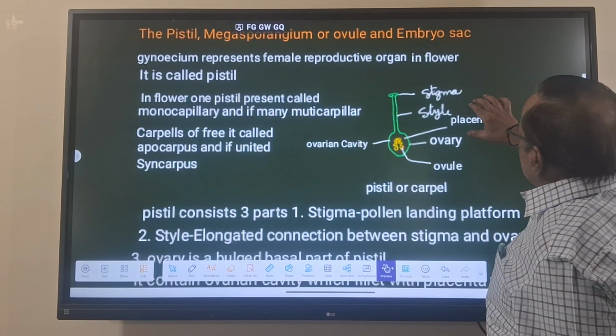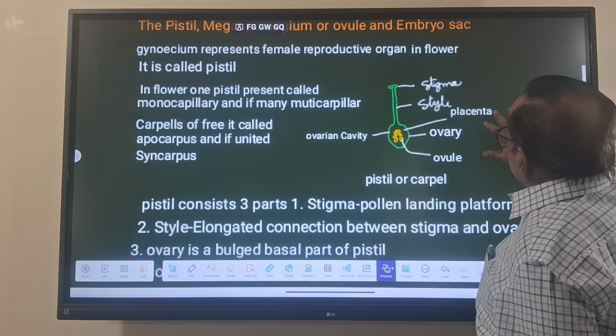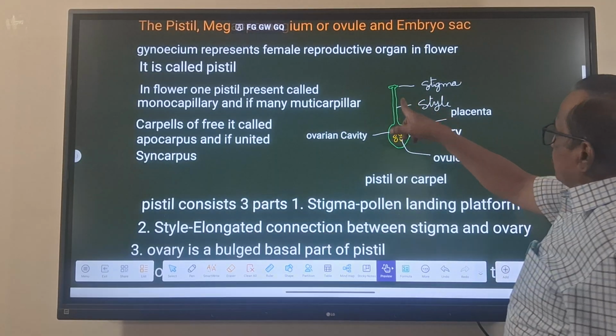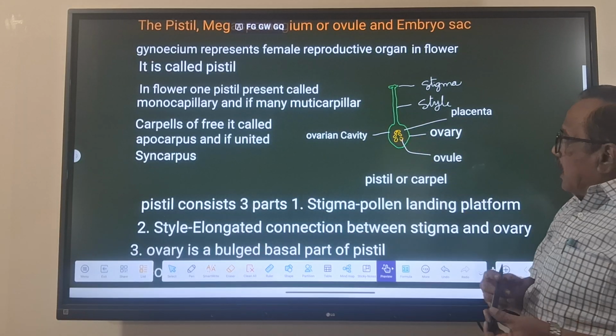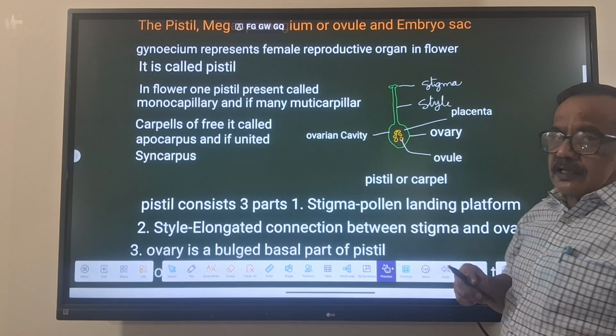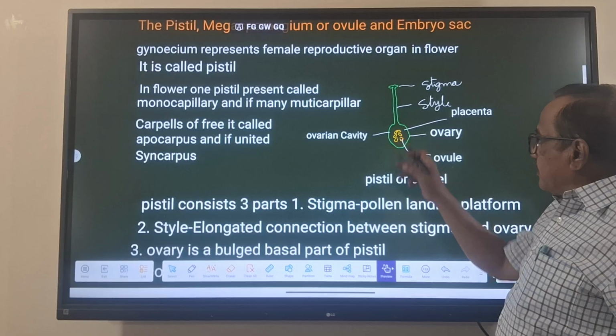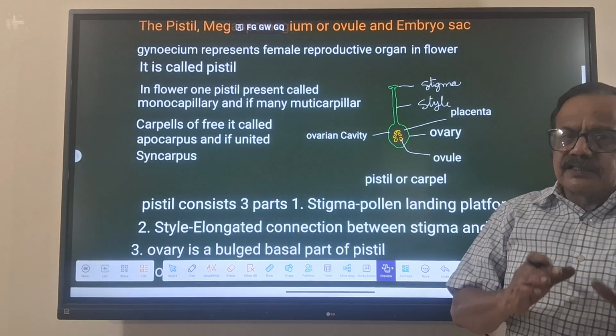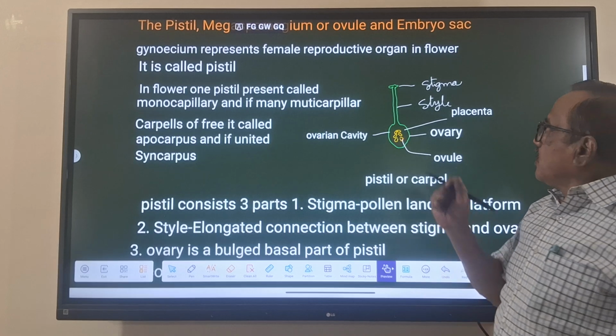You see here, stigma, style, ovary. These are the parts of the pistil, which is also called the carpel. Why it is different, I will tell at the end.